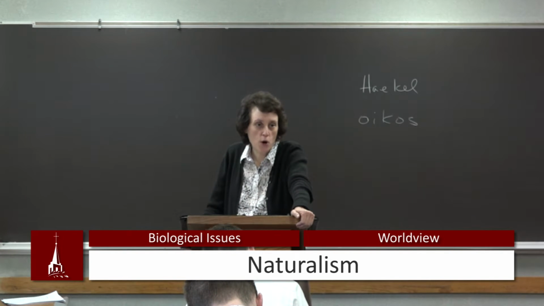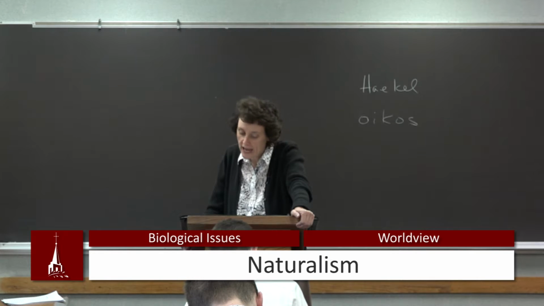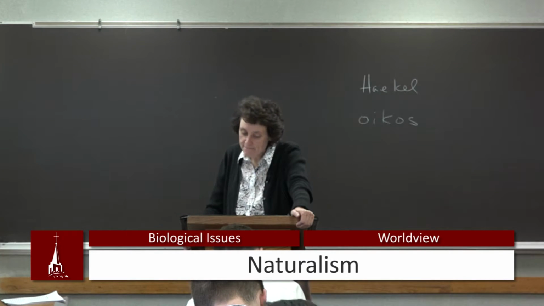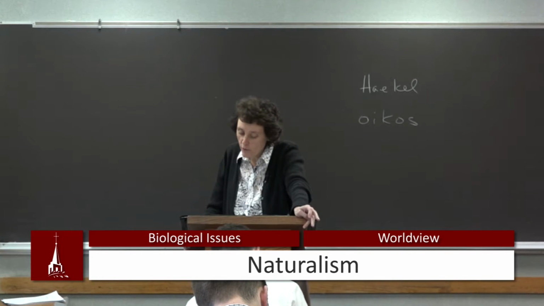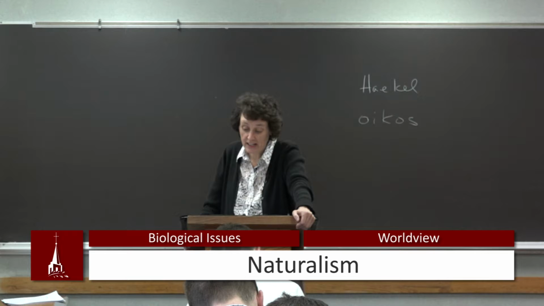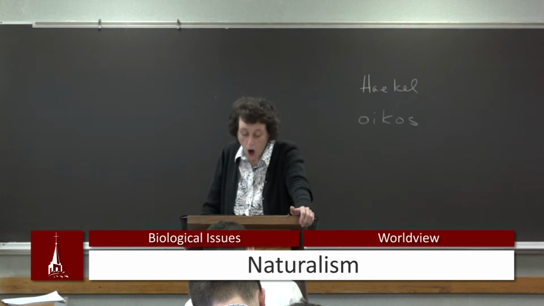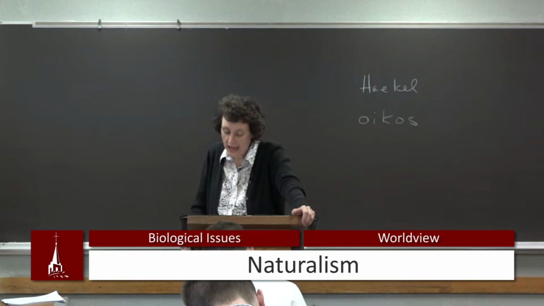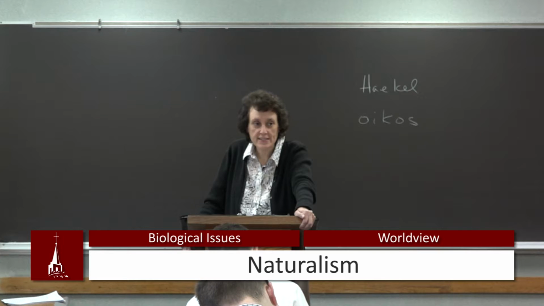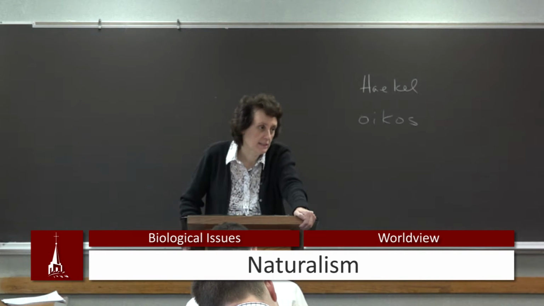There is no God, no supernatural. Then we said that the universe has always existed in some form and is the product of physical processes, was not created. Matter, or the universe, always existed in some form and is the product of physical processes. That's naturalism.